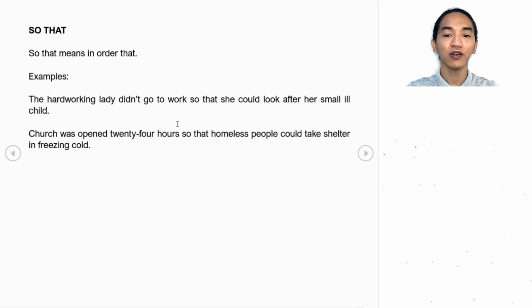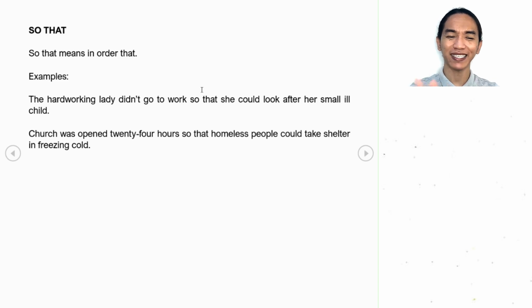So the hardworking lady didn't go to work so that she could go look after her small ill children. So church was open 24 hours so that, for the purpose of, homeless people could take shelter in freezing cold.